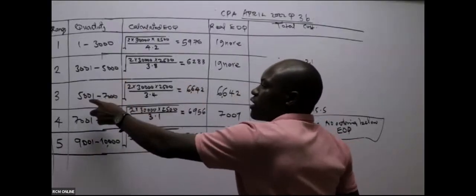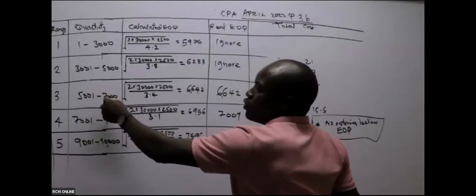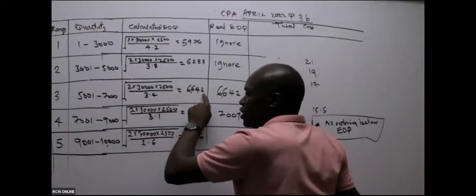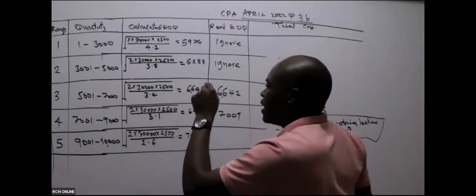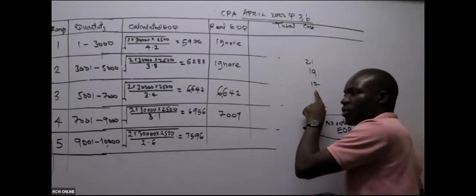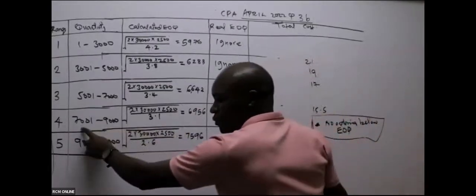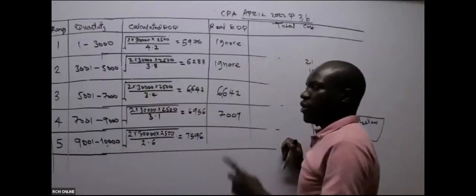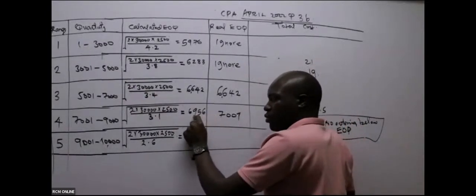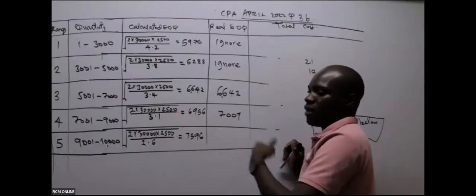So I don't need to check 5,001. I don't need to check 7,000. No, check the exact economic order quantity so that you enjoy that discount and purchase the goods at 17 shillings. When I come to number 4, the rule says you have to purchase exactly the calculated economic order quantity or slightly above.